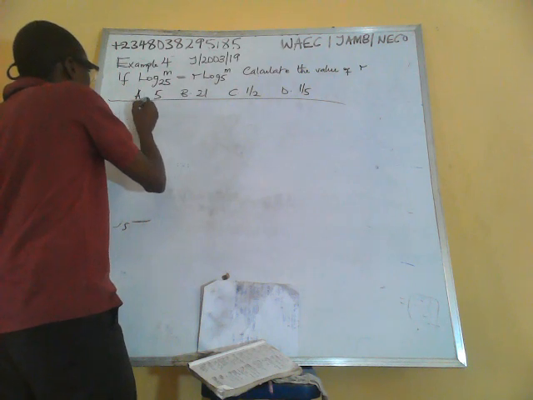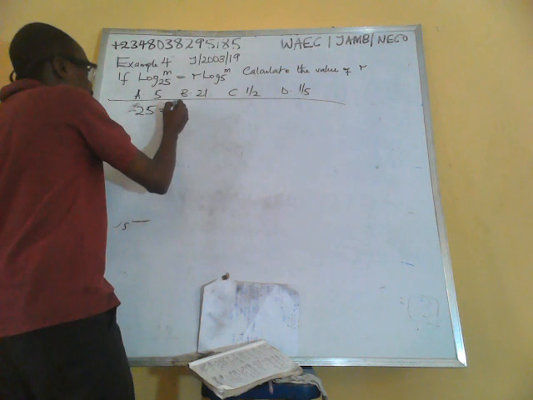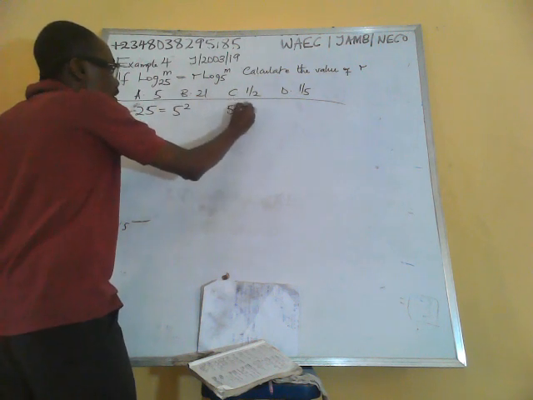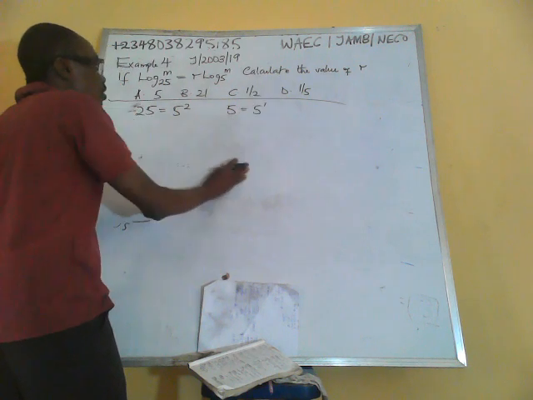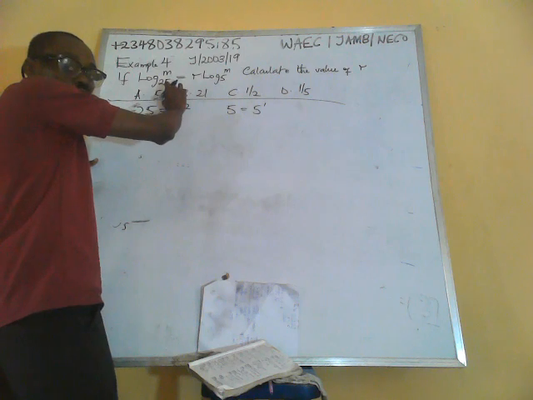So over here, 25 is the same thing as 5 raised to power 2, while 5 is the same thing as 5 raised to power 1. So we change 25 to 5 raised to power 2, and this to 5 raised to power 1.